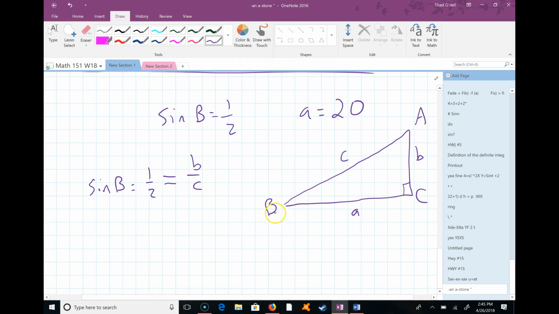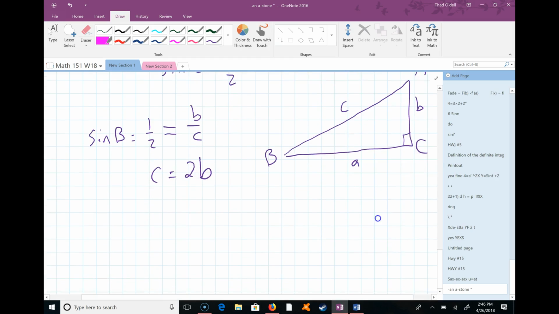Sine of b is the opposite over the hypotenuse, so we put b over c. So that means the relationship between b and c is c is twice as big as b. You can see that here. If we cross multiply, in a sense, we get c is equal to 2b. Okay, so that's true of this triangle.